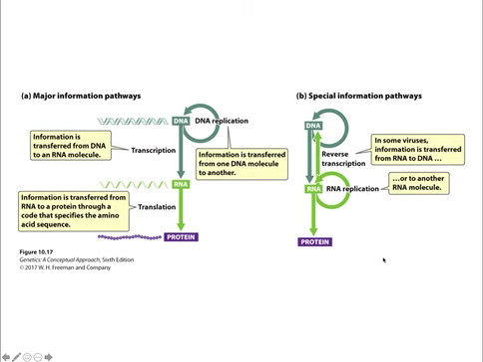Now, there are exceptions to this information flow, DNA to RNA to protein, right? For instance, in a retrovirus, we have an RNA chunk of genetic material that gets copied into DNA, and then the DNA is used to transcribe RNA, and then that RNA is used to make protein. So in a retrovirus, it goes from RNA to DNA to RNA to protein. A little bit unusual.